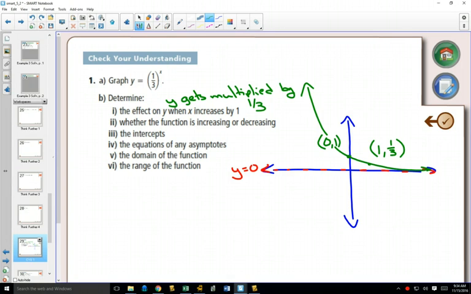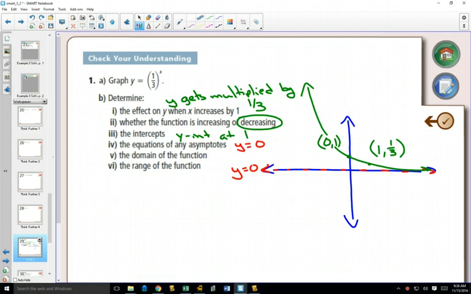Is this one increasing or decreasing? It's decreasing. The intercepts, there's only a y-intercept at 1. There's no x-intercept because we have an asymptote on our x-axis. So our equation of our asymptote, that's just y equals 0.